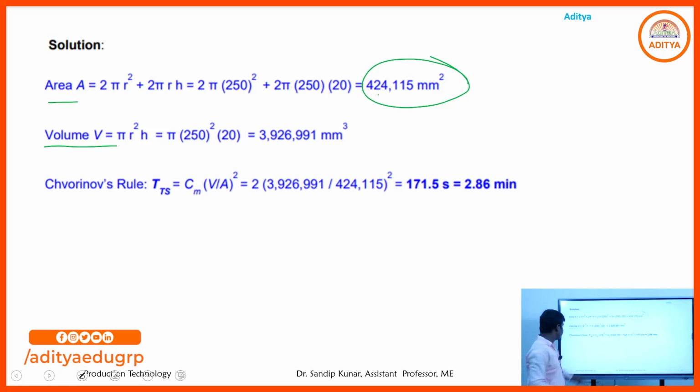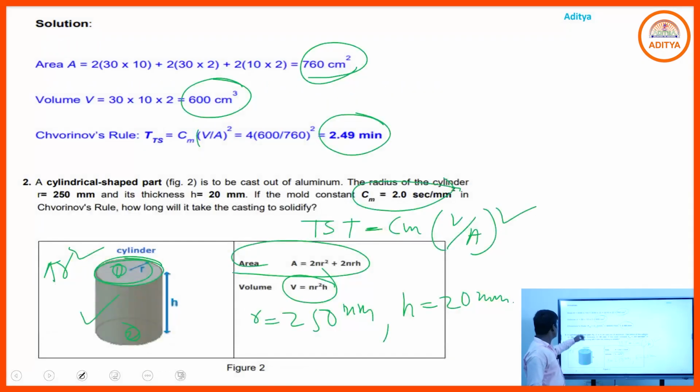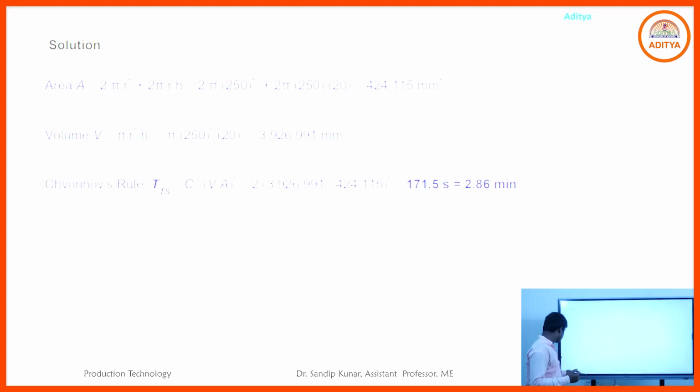Using that data in Chvorinov's rule, finally we have got TST equals 2.86 minutes. That is the final total solidification time in the case of the cylindrical shape part to be cast out of aluminum molten metal.